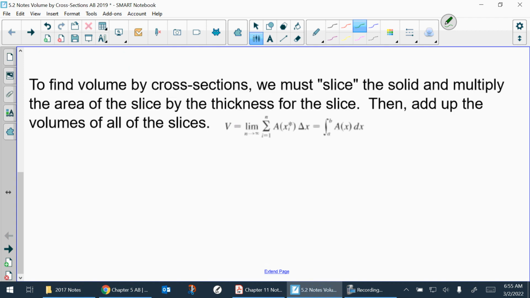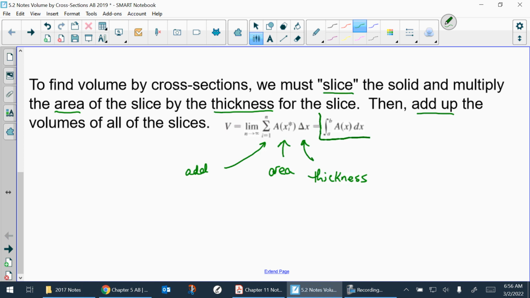So, to find volume by cross sections, we must slice, multiply the area by the thickness, and then add up all the volumes of the slices. And that's what this says. Add area times thickness. Now, the more of these that we can add together, the more accurate we're going to be. And that's where the integral comes in, because how many things can an integral add together?